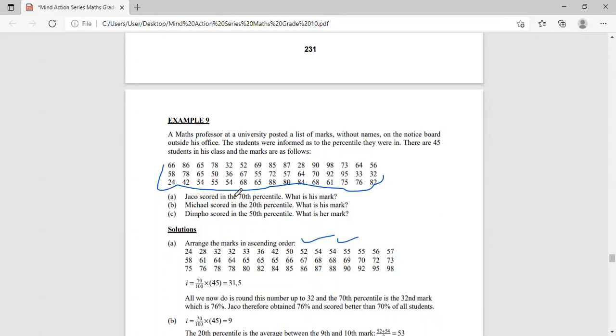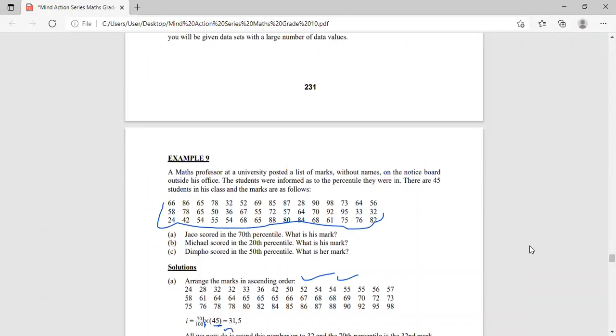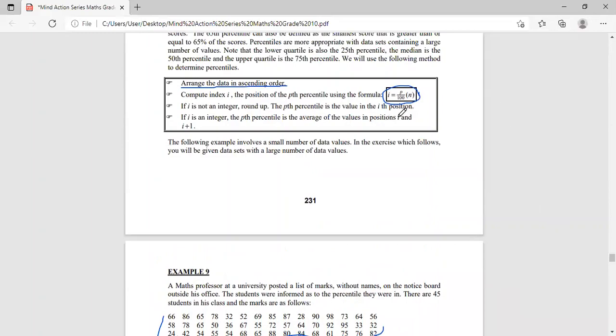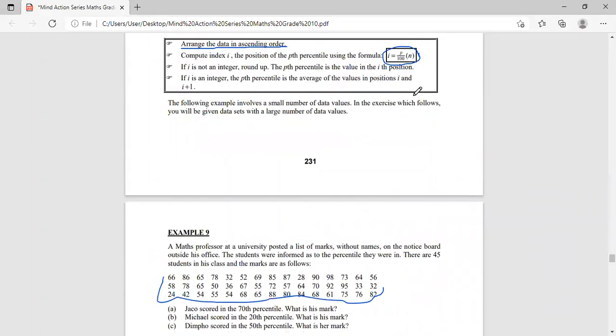And then they say Jaco scored in the 70th percentile. What is his mark? This is what you do. You take 70 over 100 multiplied by 45. This 45 is the total, this is n. From this formula, that's what they use.